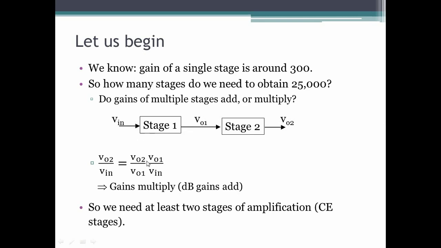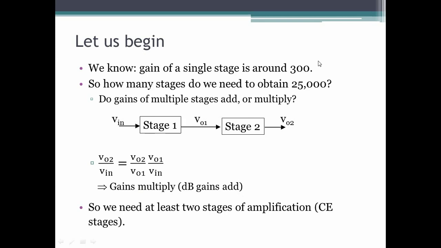Just simple algebra. Therefore, the gains of the second stage and the first stage multiply to get the overall gain. So the gains multiply. Incidentally, when gains are converted to dB, they will add, because dB converts a gain to 20 log of that quantity, and logs of multiplied quantities add.